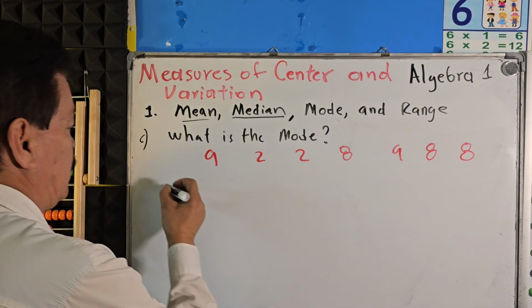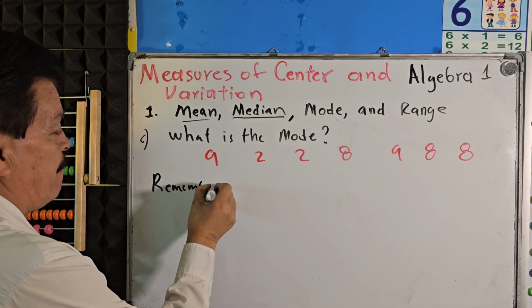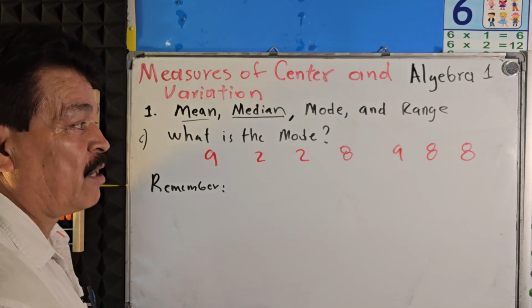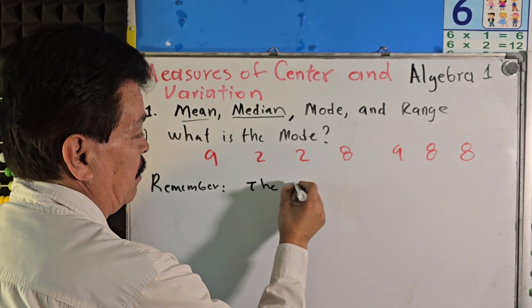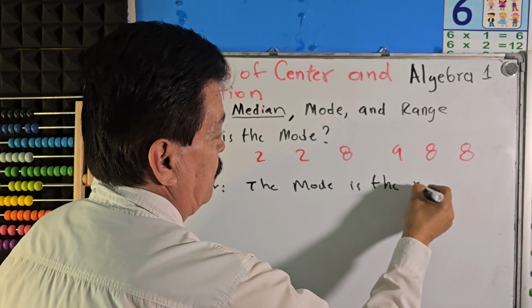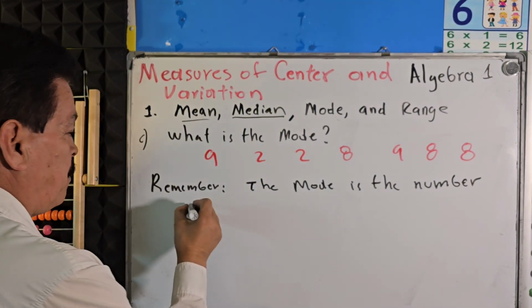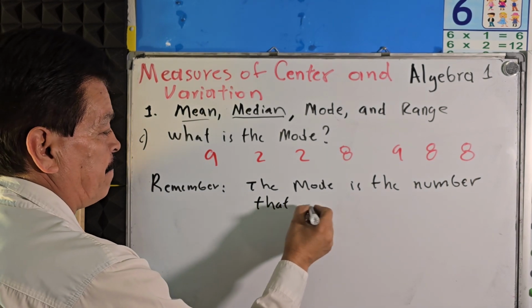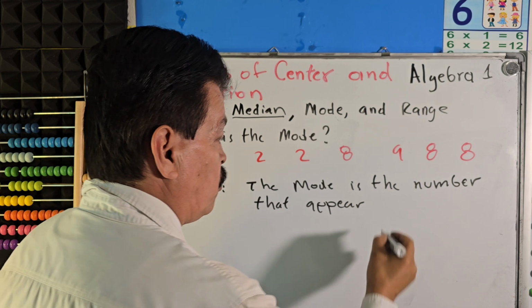So always I like to tell you what I mean by this. Otherwise, it's very hard to find the answer. So the mode is the number that appears most often.